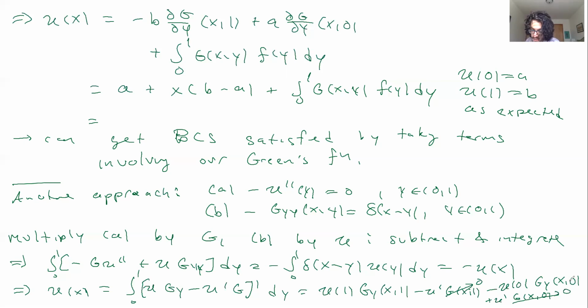So we end up with our solution in this case, okay, is going to be u of x is equal to a times (1 minus x) plus b x, right?